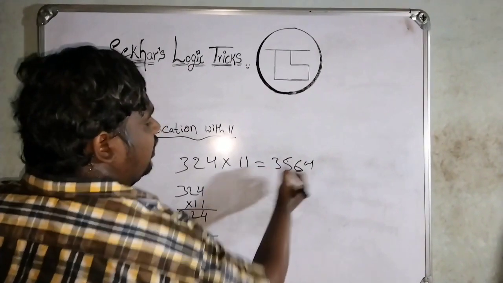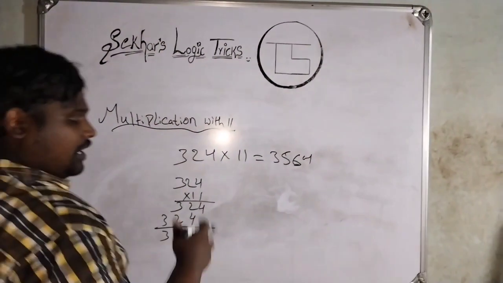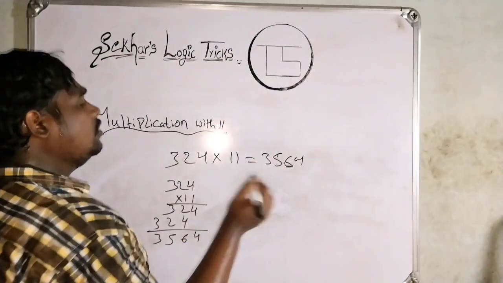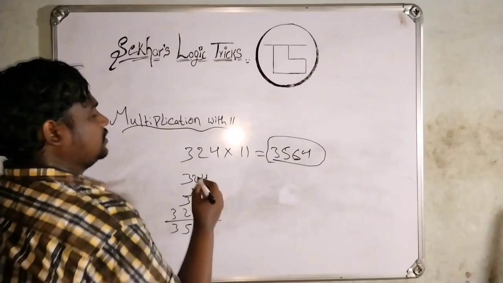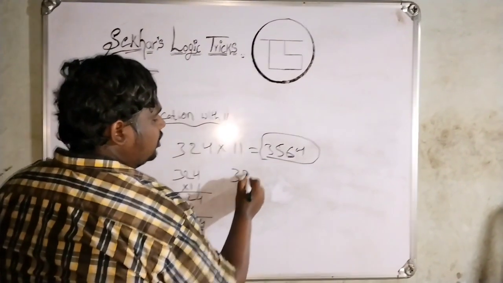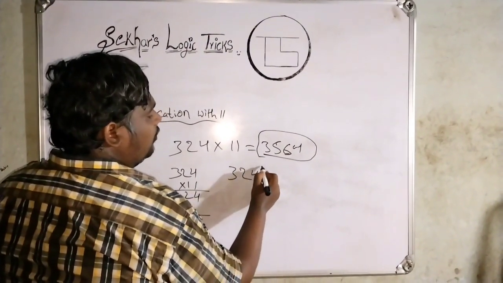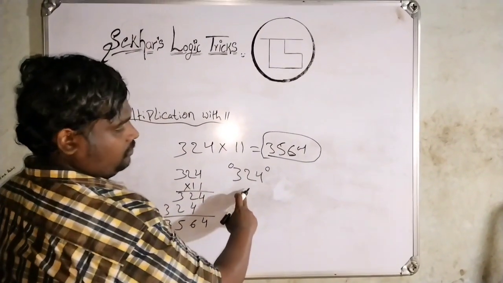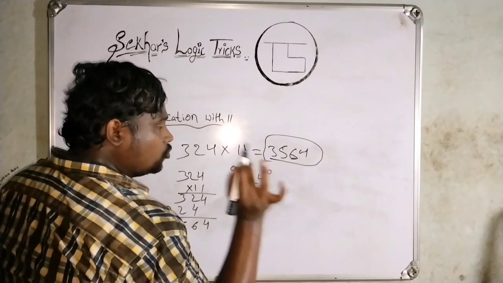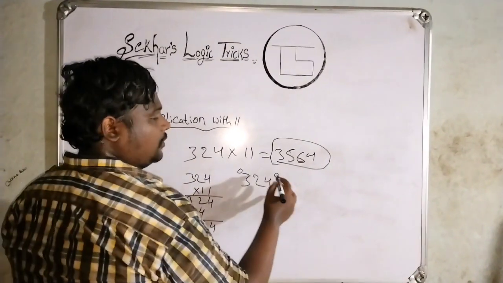But in this we have a trick to get the answer in an easy way. See, nothing but 3 2 4, place 0 here and here, and add two numbers.